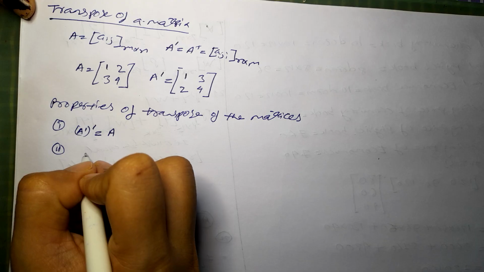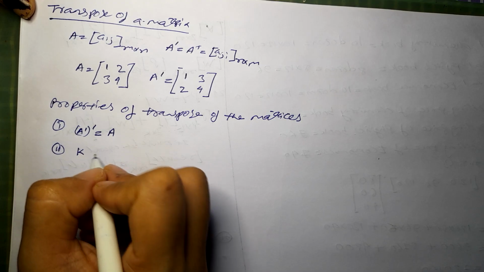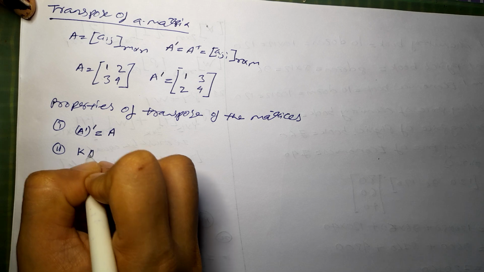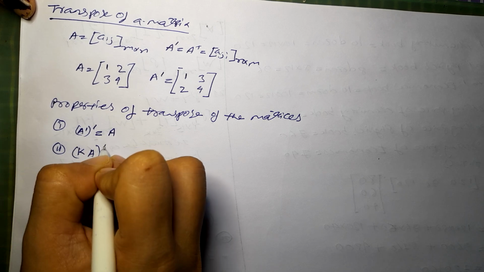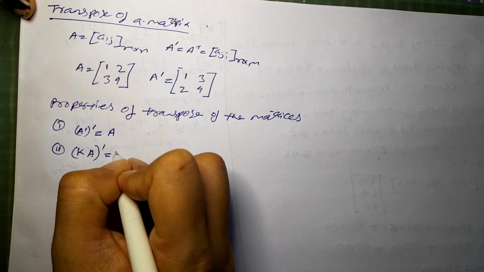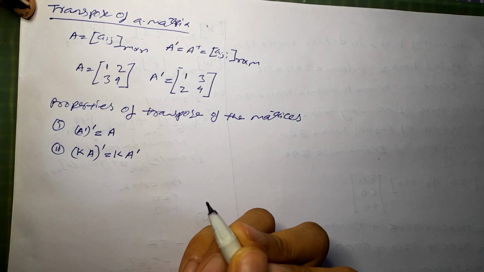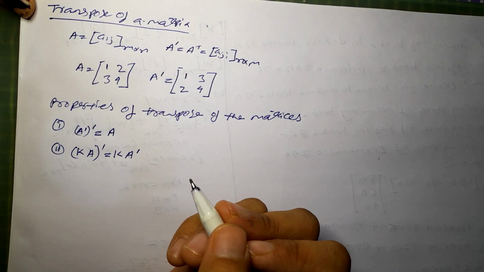Second, if we multiply the matrix by a constant, which is scalar multiplication, and then take the transpose, it will be equal to that constant into A transpose. K is any constant value.